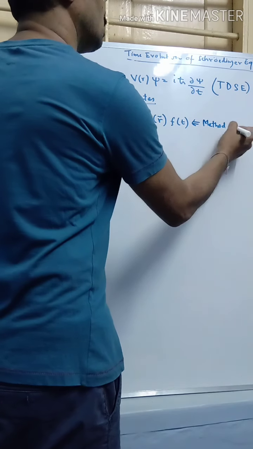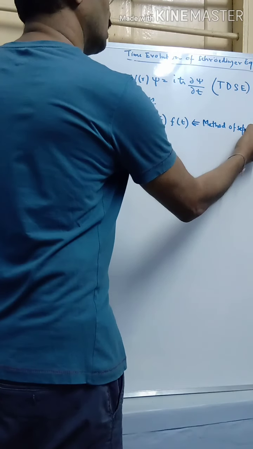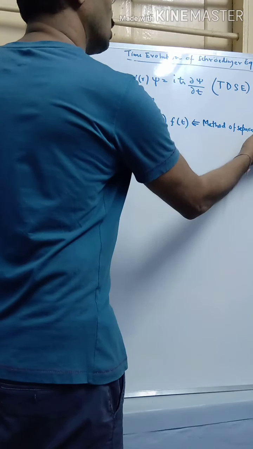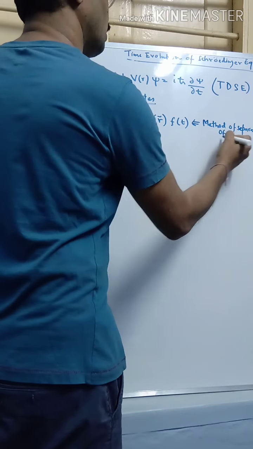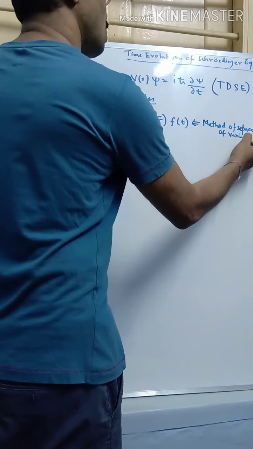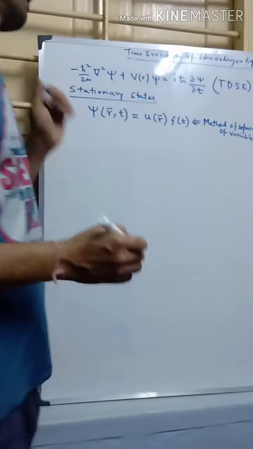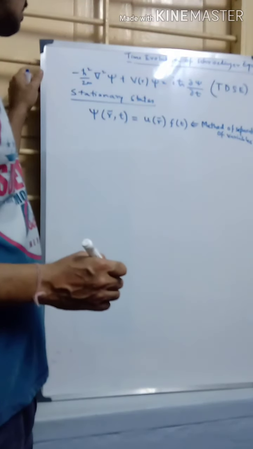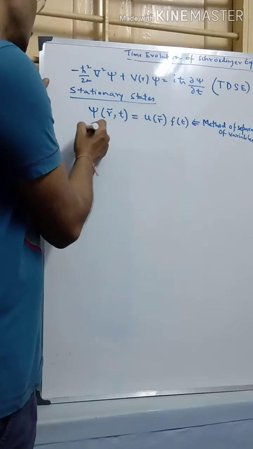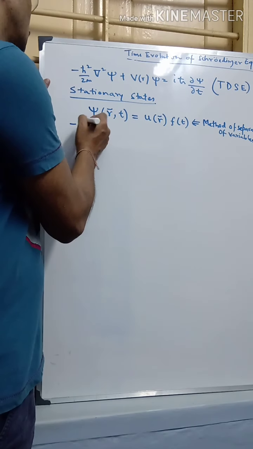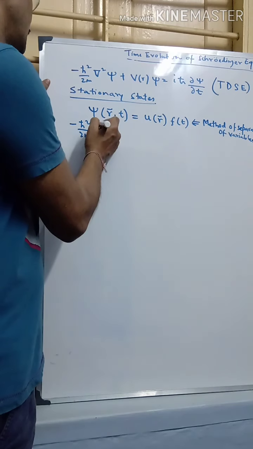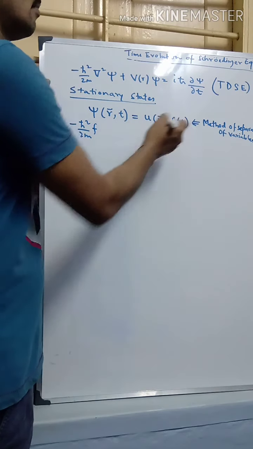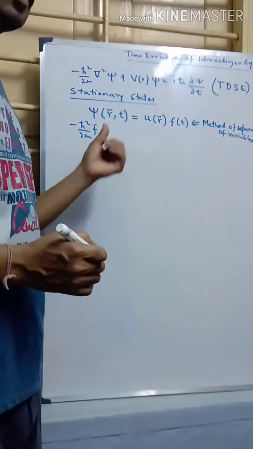We know this method of separation of variables. Now if I use this over here, I can write minus h cross square by 2m f, I'm eliminating the argument part.